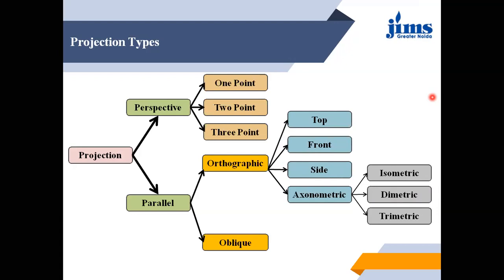Whereas oblique projection can be divided into two parts: first the cavalier projection and second the cabinet projection.